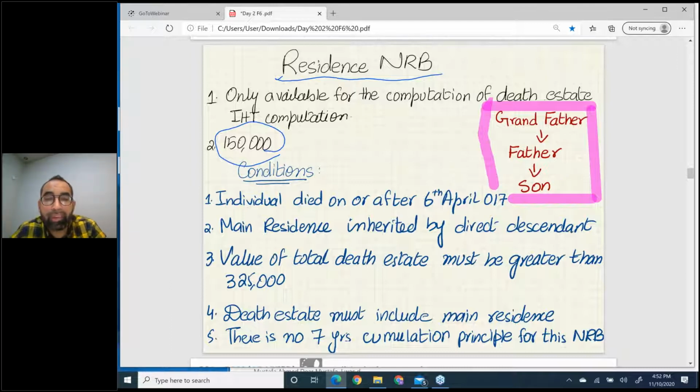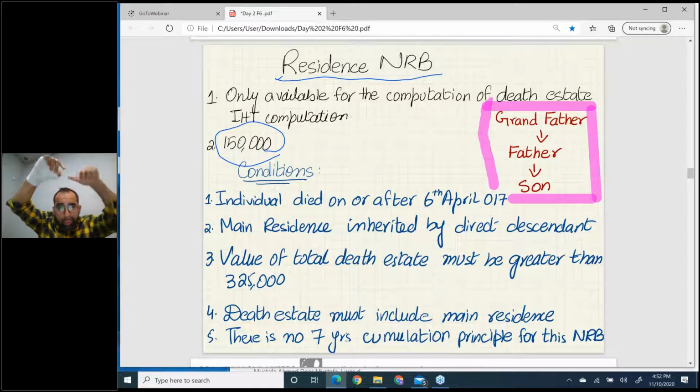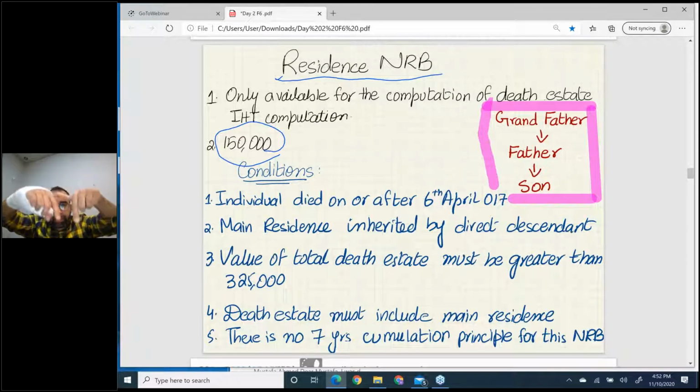Number two, main residence inherited by a direct descendant. In your will you have written that you give your property downward in your generation. For example, father giving to son, father giving to daughter, or father or grandfather giving to grandson.